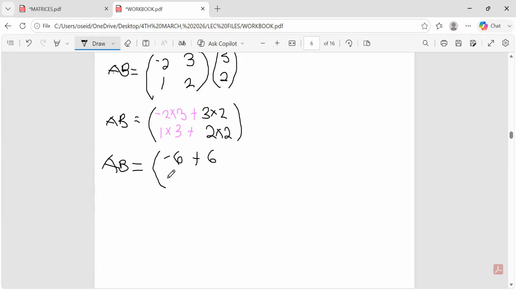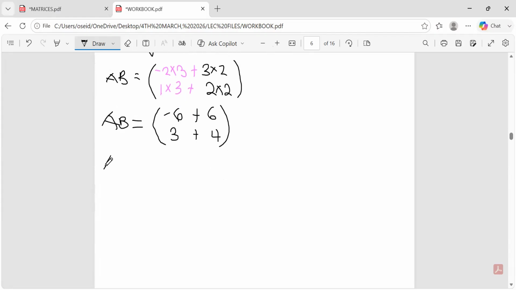Then 1 times 3, 3, plus 2 times 2, which is equal to 4. Good.